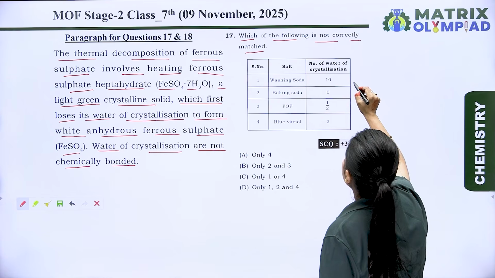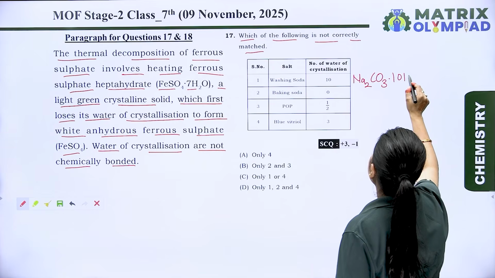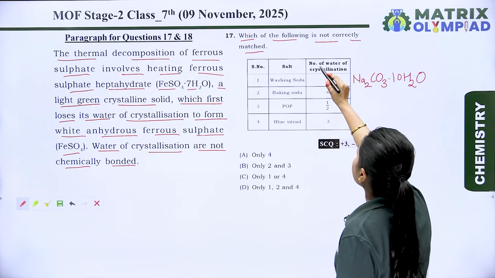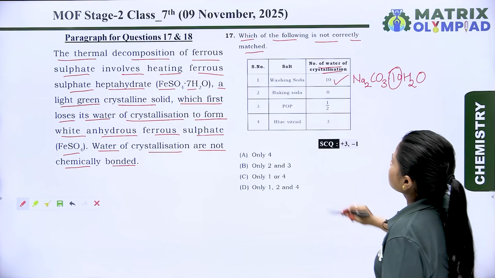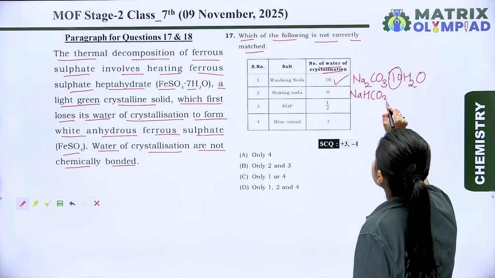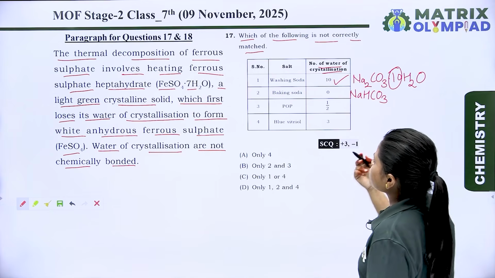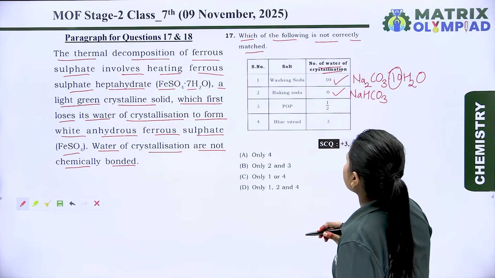Washing soda. We know the formula of washing soda is Na2CO3.10H2O and the number of water of crystallization is 10. So this is correct. Baking soda. The formula of baking soda is NaHCO3, so there is no water of crystallization. So it is also correct.